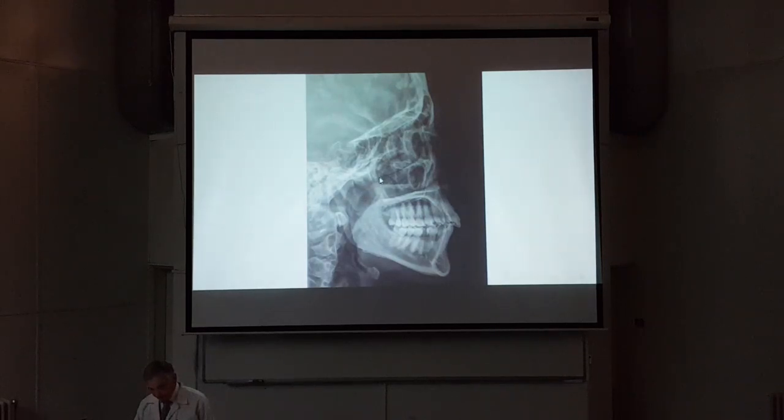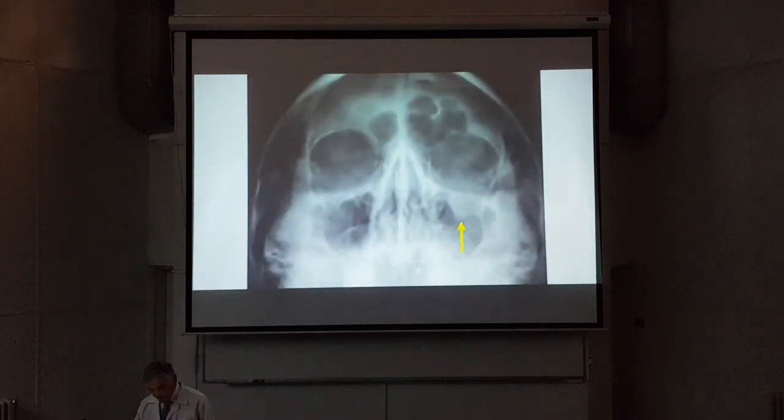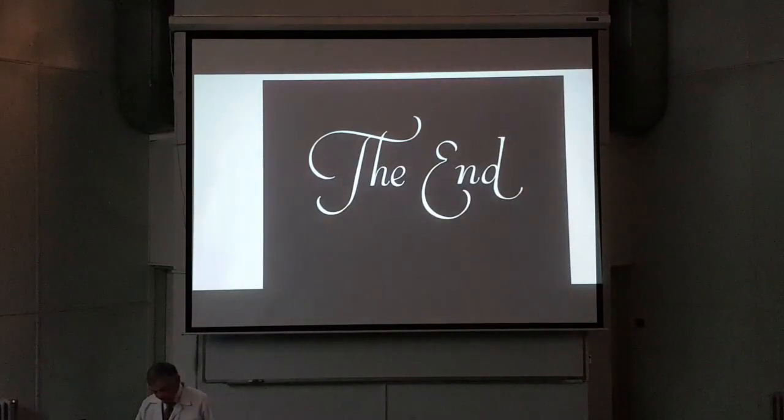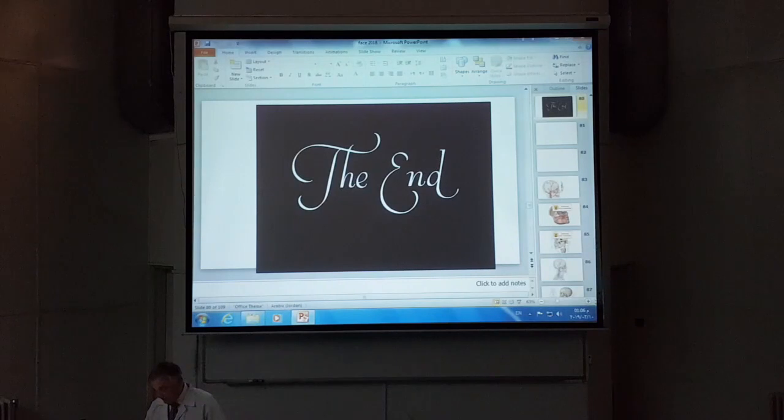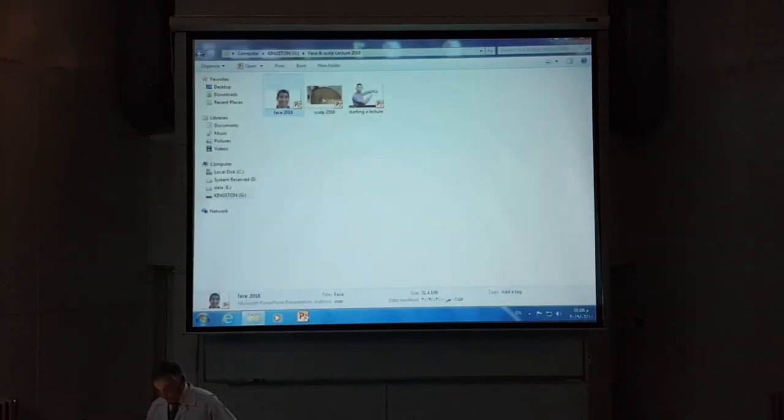Then this is what attracts the attention. So this is a fracture of the maxilla. Again, this lesion here is not present here. So there is a pathology in the left maxillary air sinus. So this is what concerns the face.